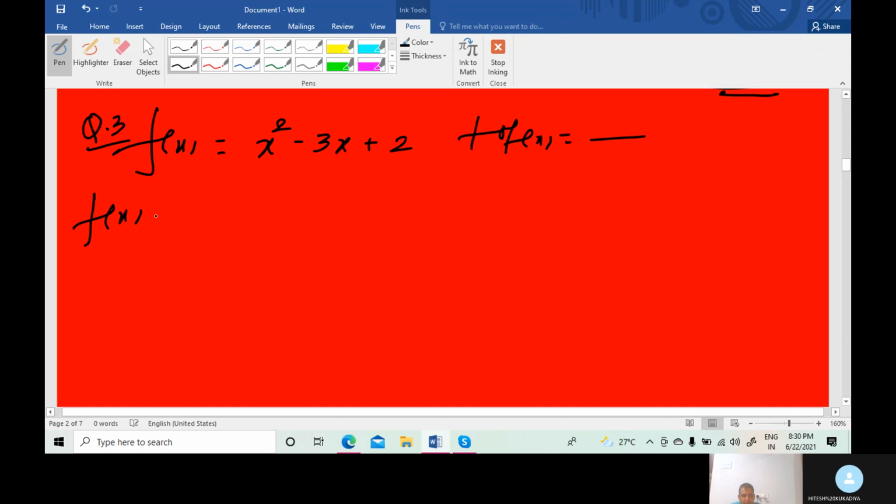Okay, now f o f(x), right? Just hold it. f o f(x) equal to f in a bracket f(x). Now put here for f(x) the function value x square minus 3x plus 2. Again we use the function f(x).